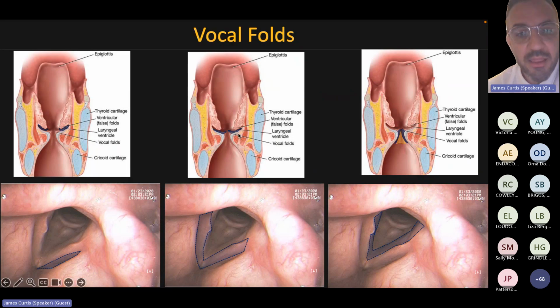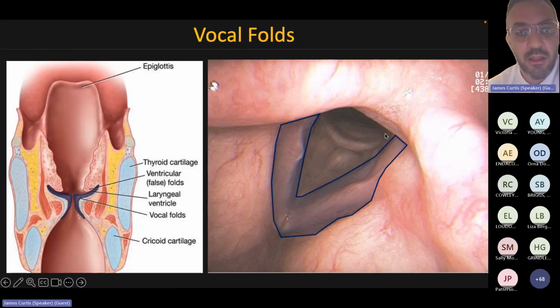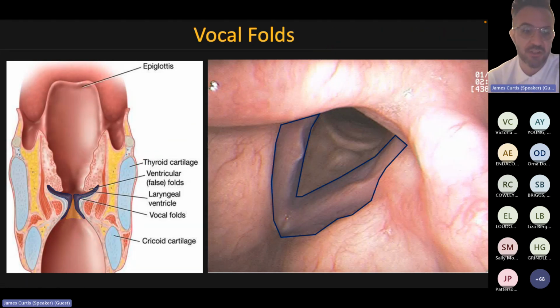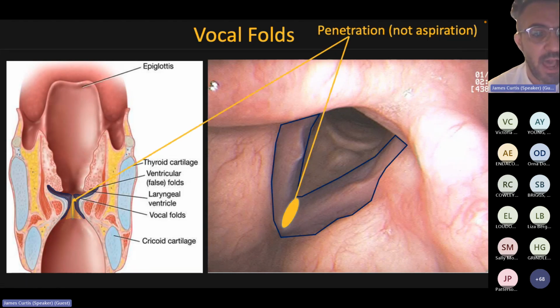So anything in this blue or yellow would be considered, so this is all of the vocal folds, right? Including the yellow space. So anything in this region would still be considered penetration to the level of the vocal folds. So even if we had residue being this yellow oval right there, that would still be considered penetration.